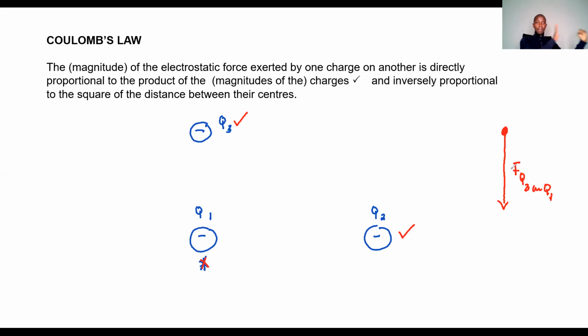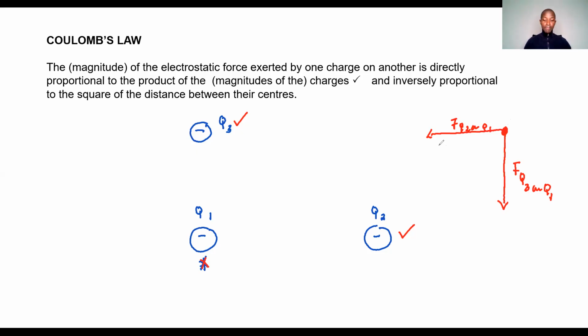Q2 is pushing Q1 away from itself. So in other words, if I was to draw this, I would say it moves to the left. What is Q2 doing again? Q2 is repelling Q1. So the direction of the force would be like this. So this would be the force that Q2 exerts on Q1.